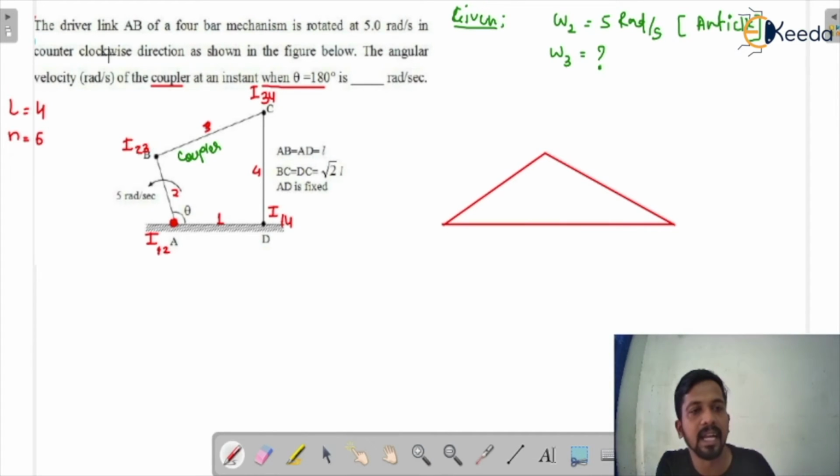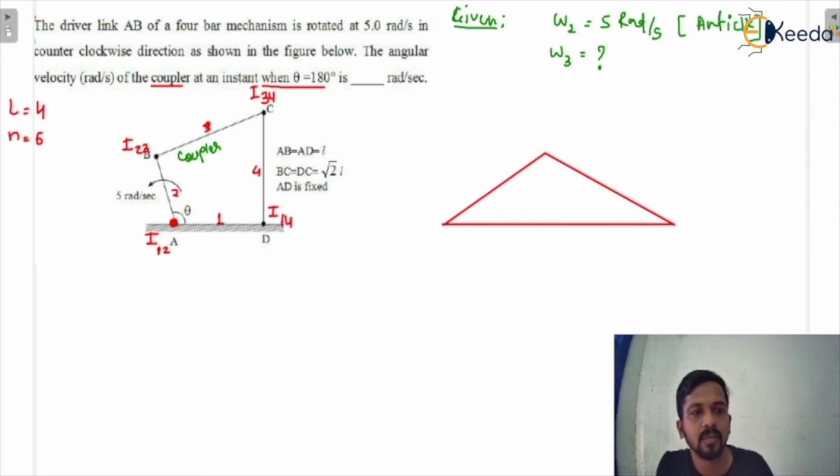Because here you can see that this is D, this is C, this is B, and this is A. This is link 1, which is also known as the fixed link.